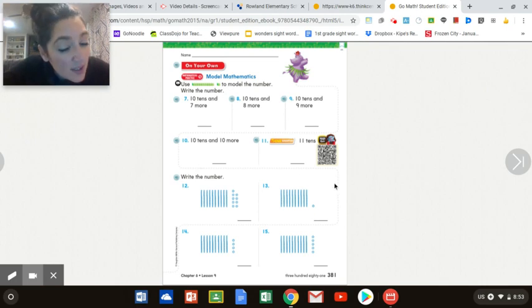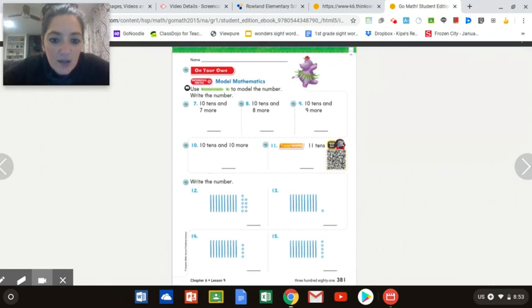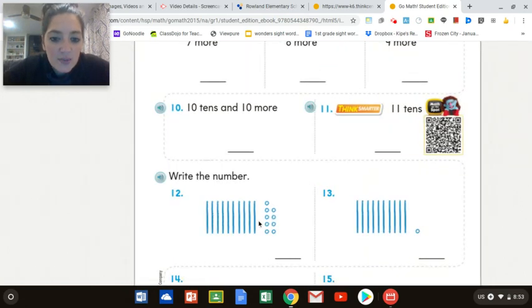And 11 is a tricky one, so it's trying to stump you here. So go ahead and see if you can figure that one out. Now here, we have the model. They're showing us how many tens and how many ones. So you have to count your tens. 10, 20, 30, 40, 50, 60, 70, 80, 90, 100. And this is how many more.